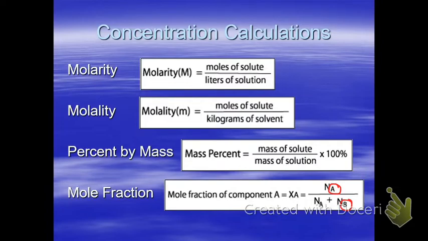What would be in the denominator is moles of solute plus moles of solvent. Please notice there is no times 100 like in the percentage. Mole fraction is not a percentage. It's very similar, but it's not a percentage.